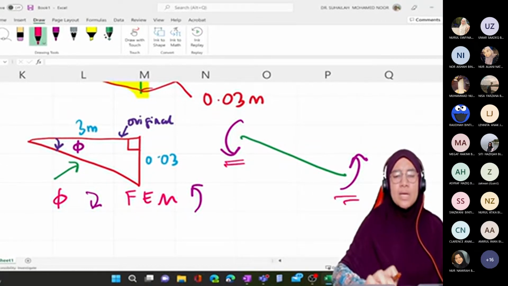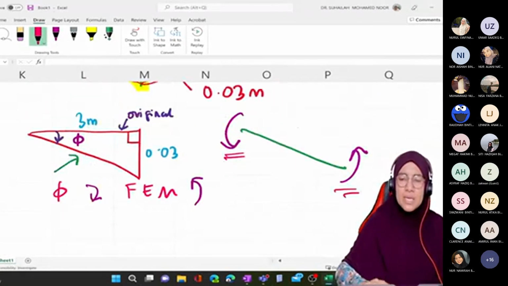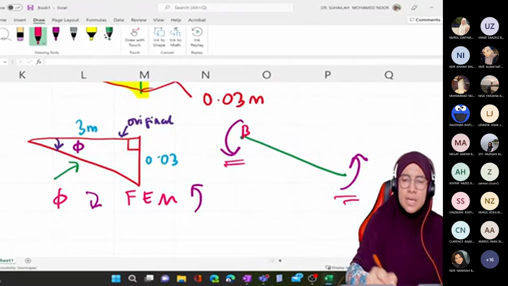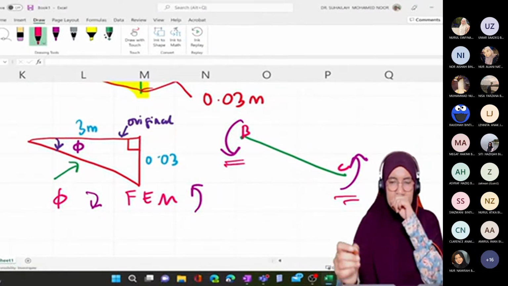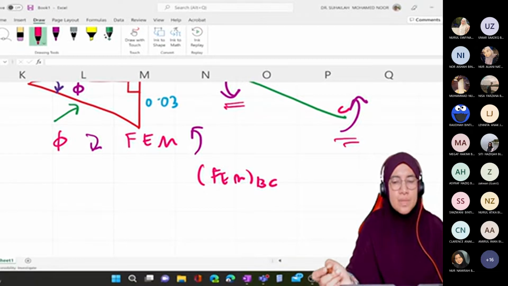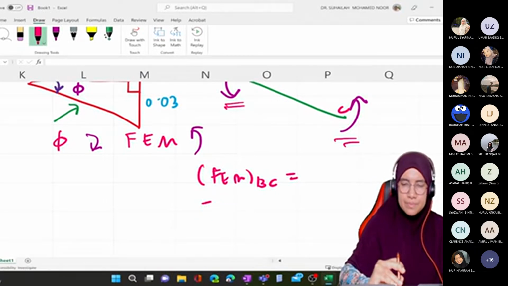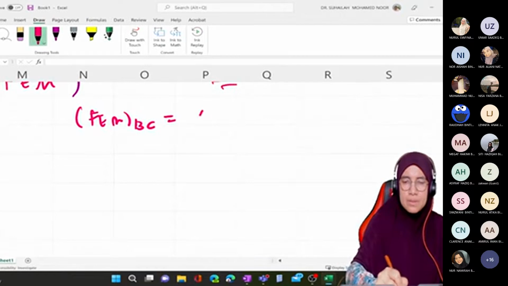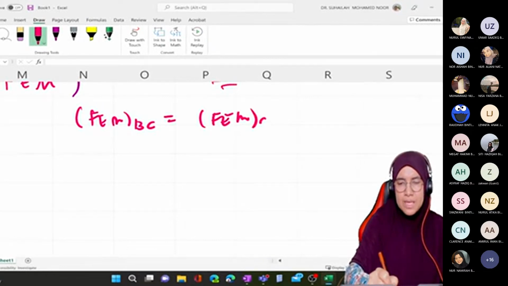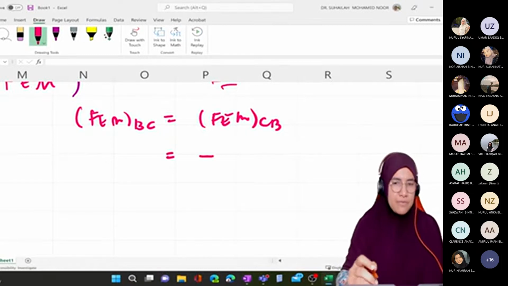What is the formula? It is 6EI. So FEM BC equal to FEM CB, it is equal to negative.